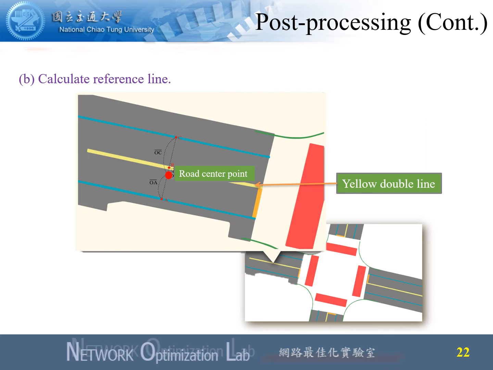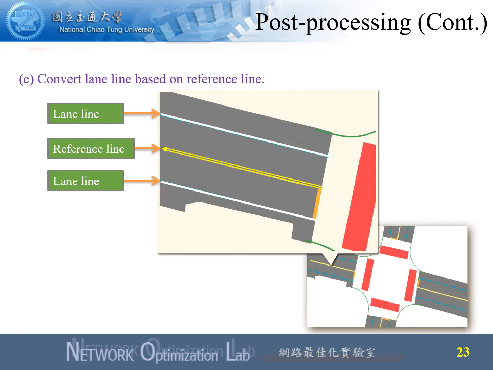Usually, the center line on the road is marked as the reference line to divide the lengths in different directions. In this case, the yellow double line is marked as the reference line. The start point can be any position of the reference line.